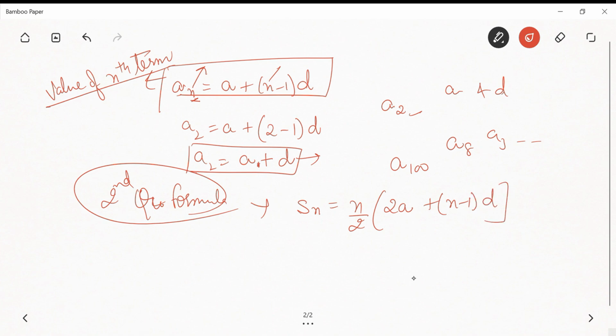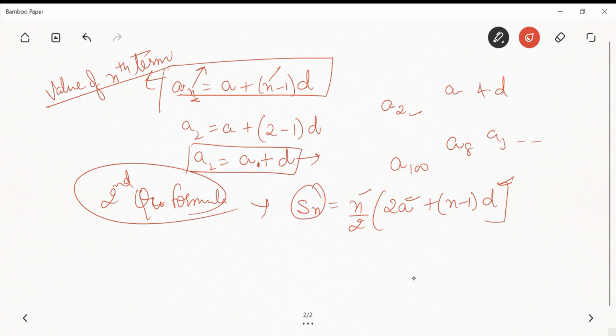This formula is used when you have the values of a, n and d, that is the first term, the number of terms and the common difference. Then you can easily find the sum of n terms.